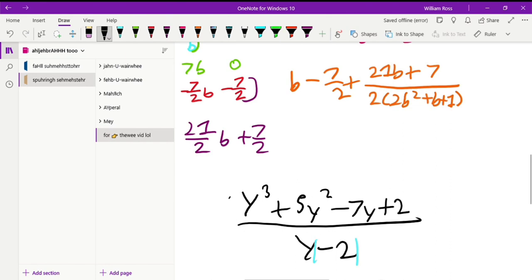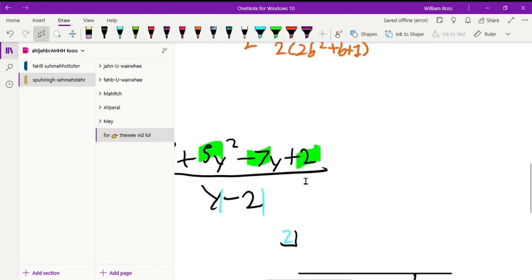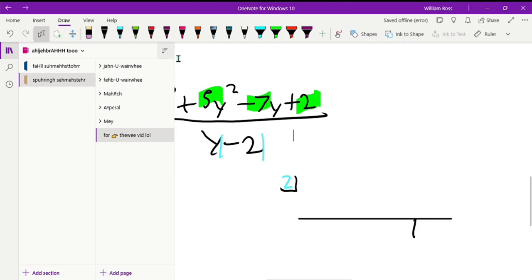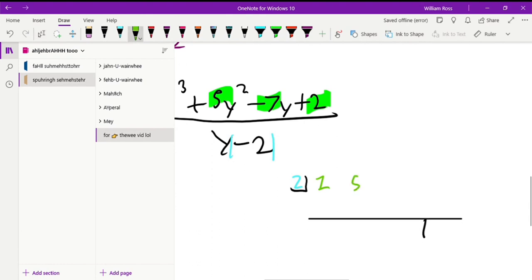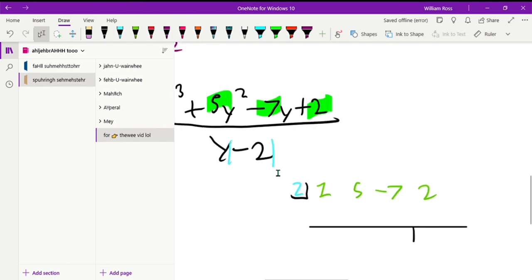We add a 1 here for reference. So transfer the numerator numbers: that'll be 1, 5, negative 7, and 2. Let me just move this. There we go.